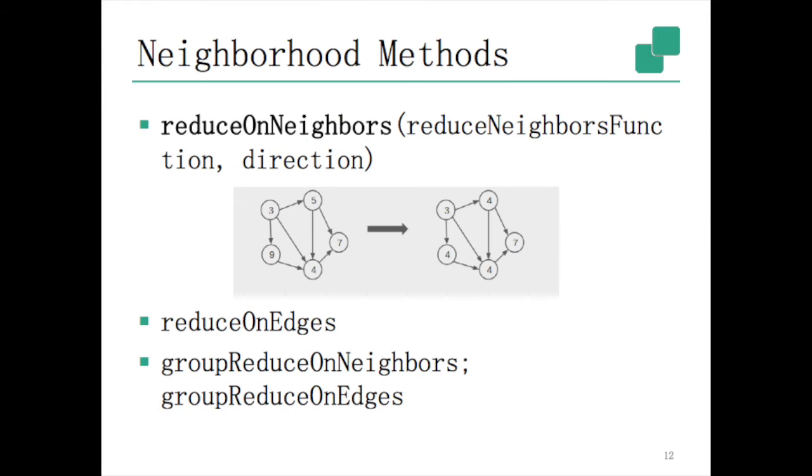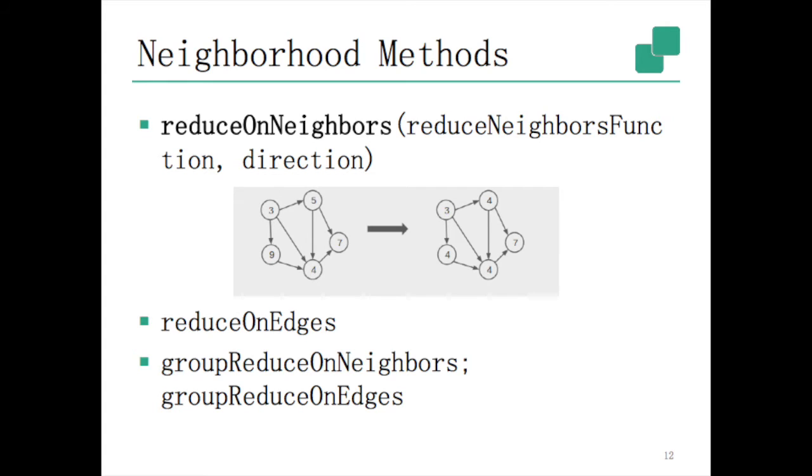Okay, so the reduce on neighborhood methods. This allows you to perform an aggregation on the first hop neighborhood of a vertex in the graph. It's always easier to find out how it works with an example. So I prepared one for reduce on neighbors. Let's say you have this input graph, and you would like to apply reduce on neighbors with a compute minimum function and with edge direction out.